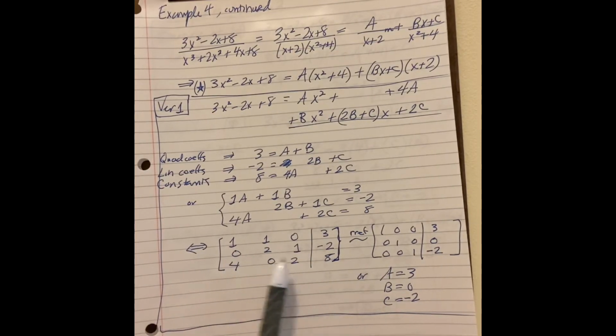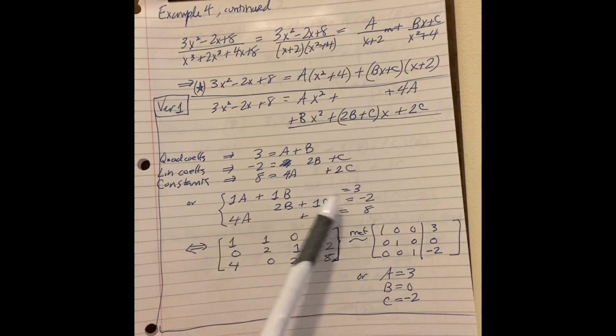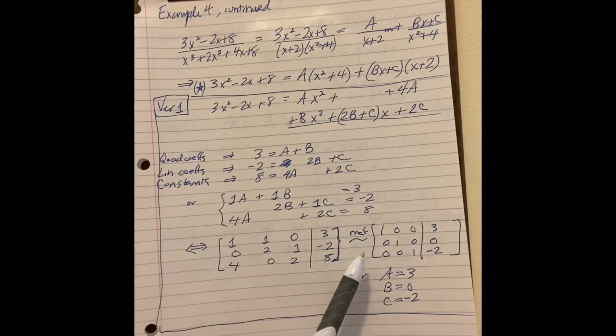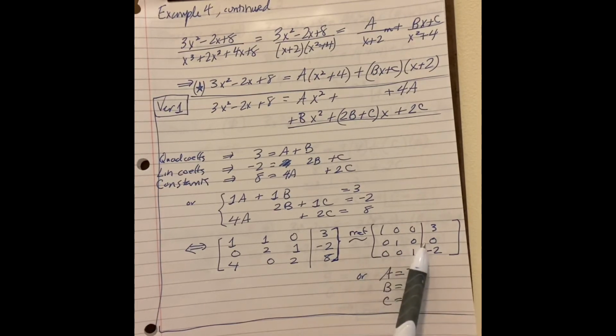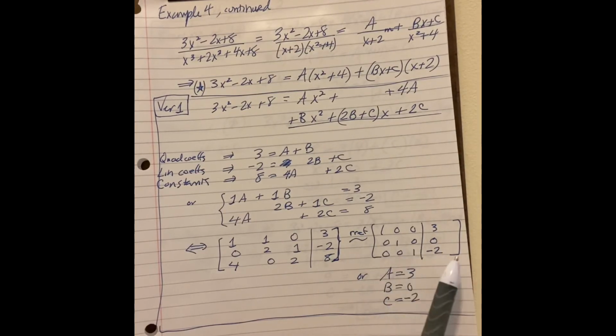Using matrix methods, just peeling off all the coefficients, you can show that the reduced row echelon form of this, in other words with all nice ones and zeros, looks like this. And what does that tell us? That tells us that a is equal to 3, b is equal to 0, and c is equal to -2.